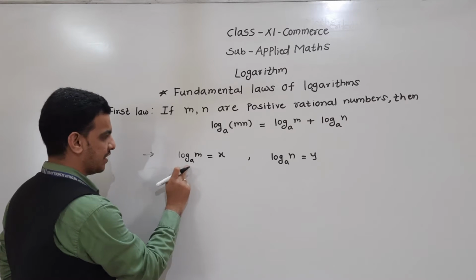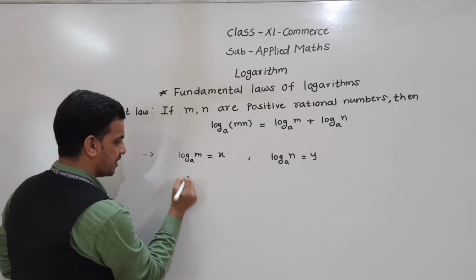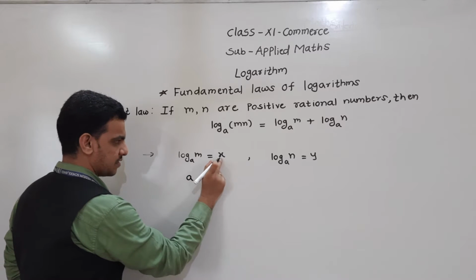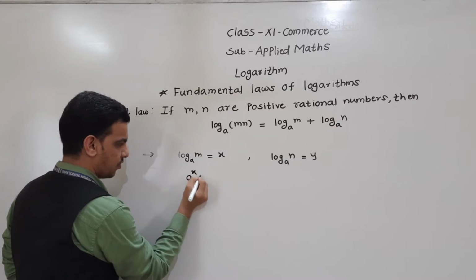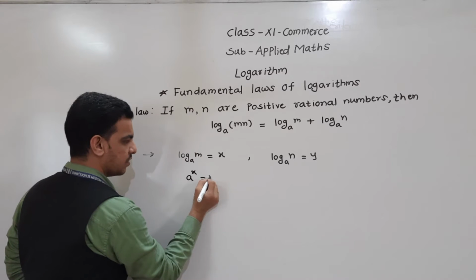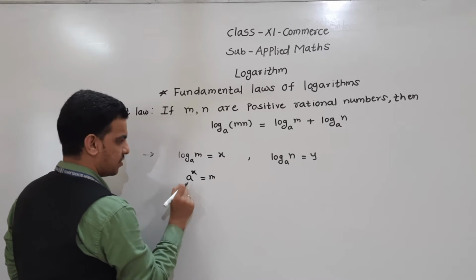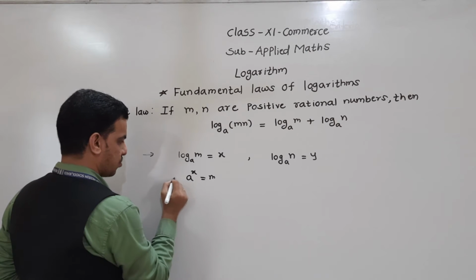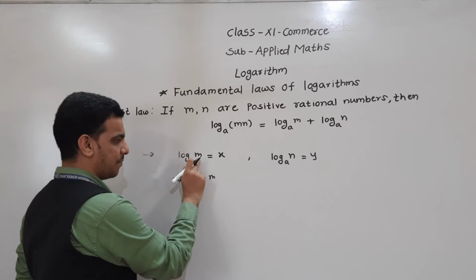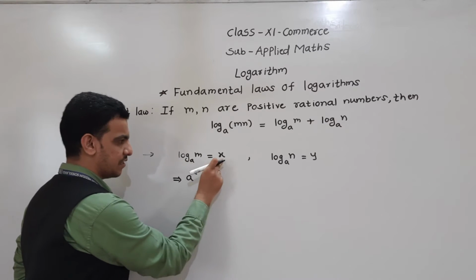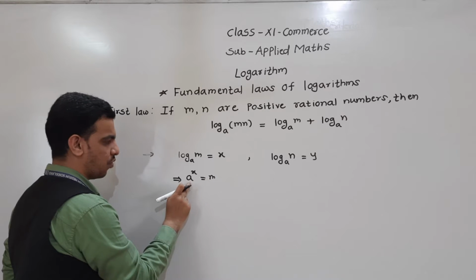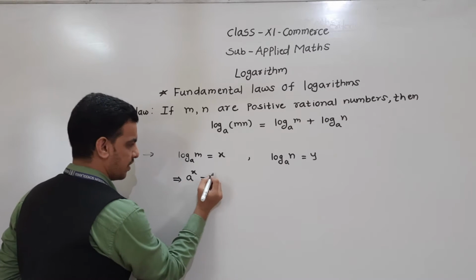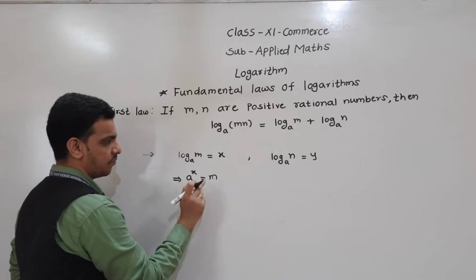The base is as it is, the RHS becomes the power, and the argument is equal to the other side. So a raised to x is equal to m.